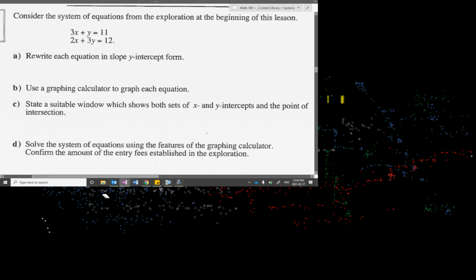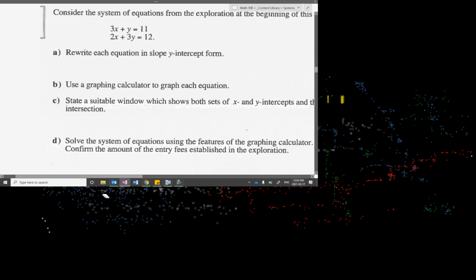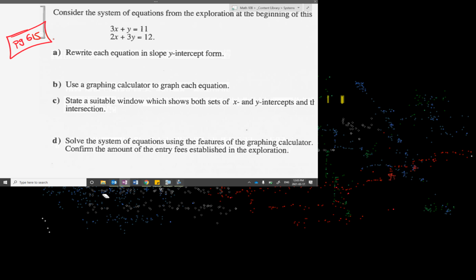So at the bottom of page 615, we're using that same example of the fair with the Smiths and the Harpers. We've already solved for x and y. Remember, to use your graphing calculator, your equation always has to be y equals, because that's how your calculators are set up. It's a limitation of your graphing calculator.